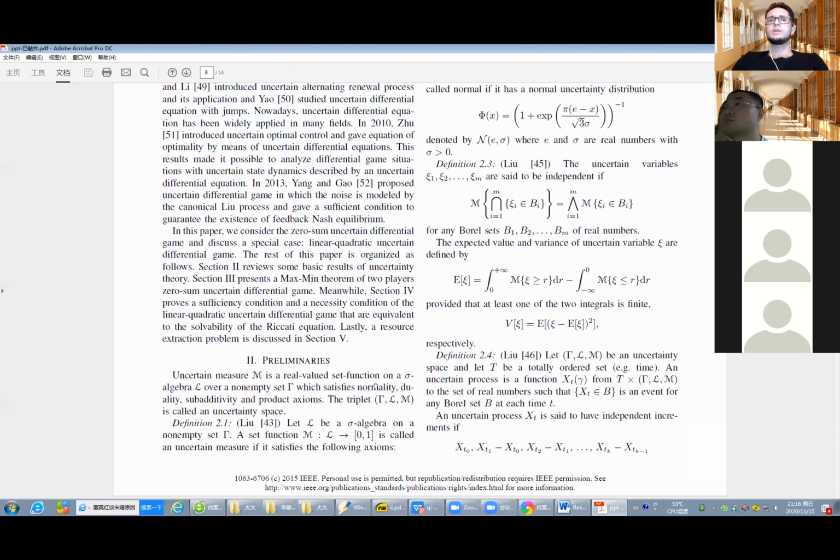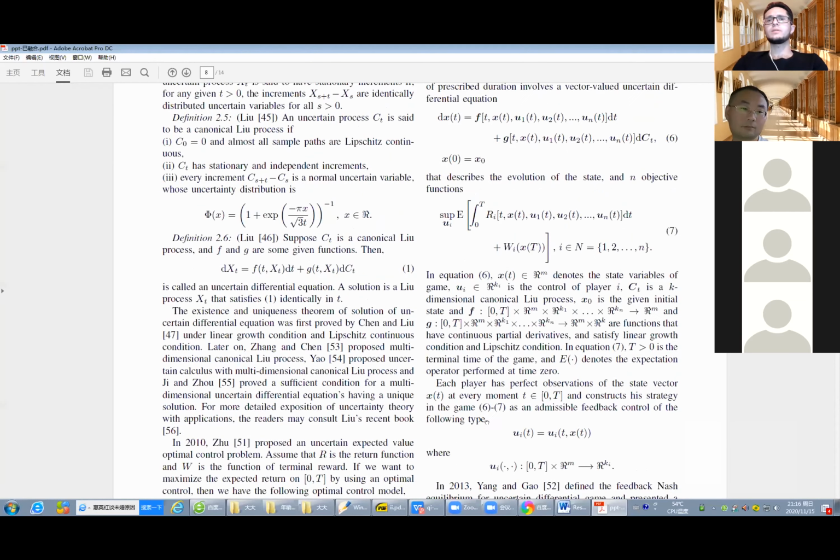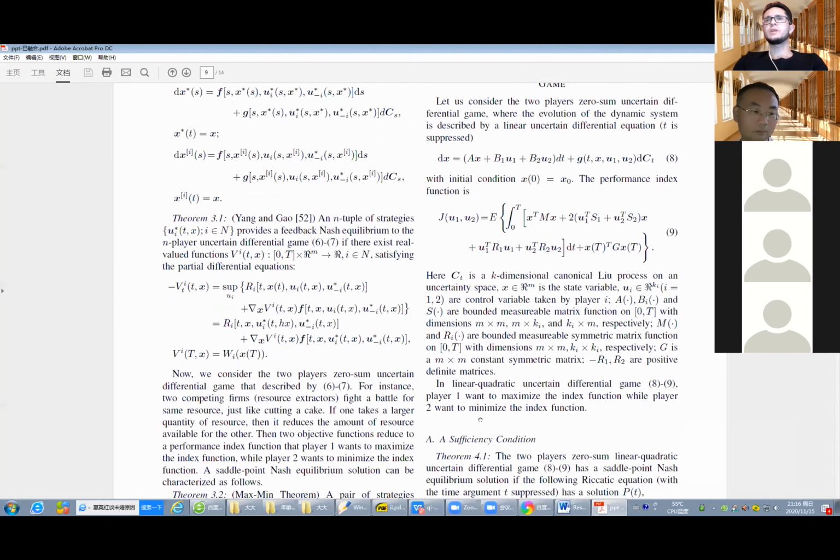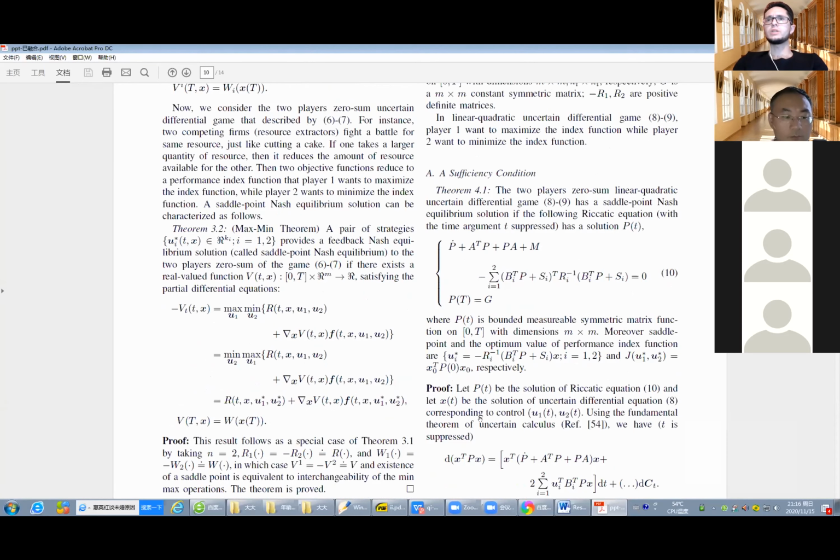Uncertain calculus, I know, but let's forget for a second about differential games. Only consider differential equations. What is the difference? Only in equations, not in games.